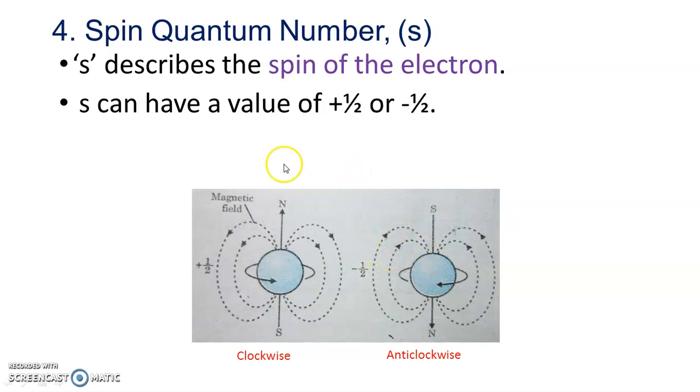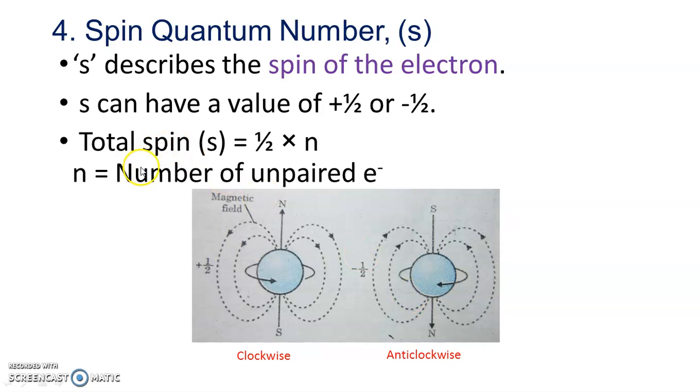These are the two possible s values. Now the total spin is obtained by the formula ½ × n, where n is the number of unpaired electrons. So this is about the spin quantum number.